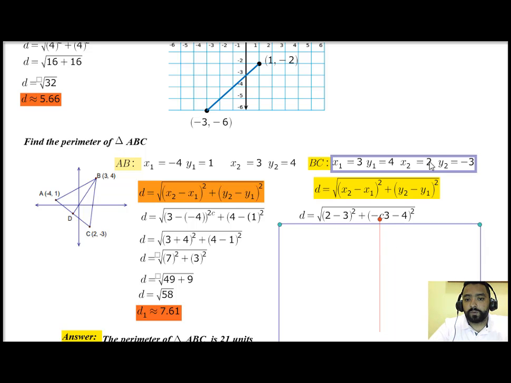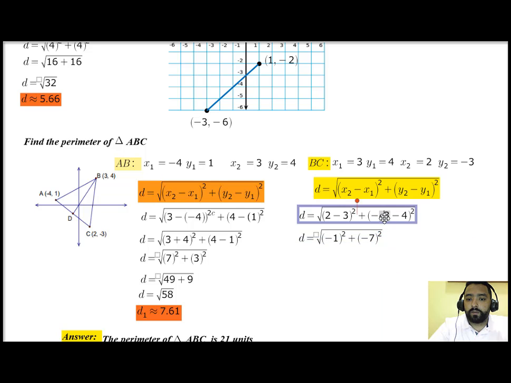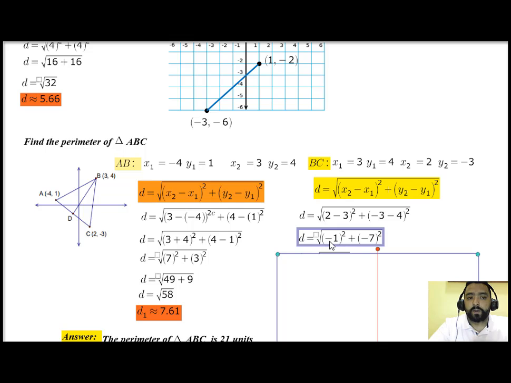x2 is positive 2. x1 is positive 3. 2 minus 3. Then y2 is negative 3, and y1 is equal to negative 4. Then here, 2 minus 3 is negative 1. Pay special attention when we have the negative.